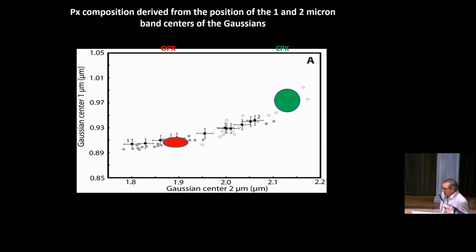On what I call the Adams diagram, the pyroxene diagram, the 1 versus 2 micron band absorption features for the band center, you see that the red part corresponds to the low calcium pyroxene or orthopyroxene characteristics, and they are very grouped in this red oval. The high calcium pyroxene is in the green part, and that's where we land, slightly on the right of the 2.1 micron band.